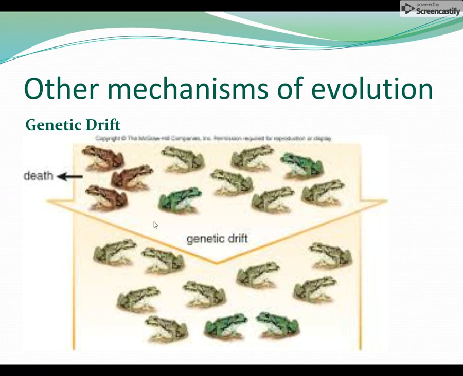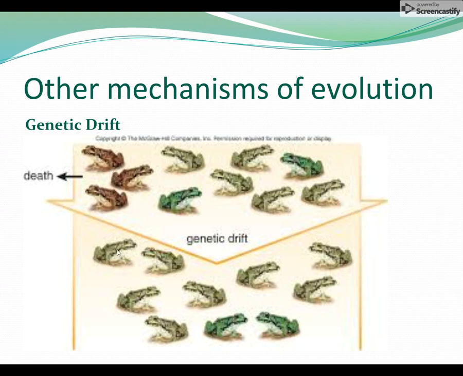Then we have genetic drift. This is where just through random chance we have the loss of some alleles. Here we have a population of frogs. We've got 3 color varieties. We have dark brown, kind of an olivey green, and then more of a true green. And just by chance, all of the red-brown frogs die out.